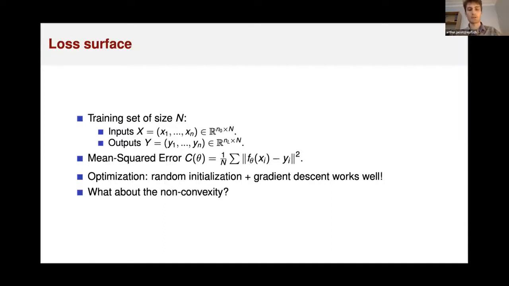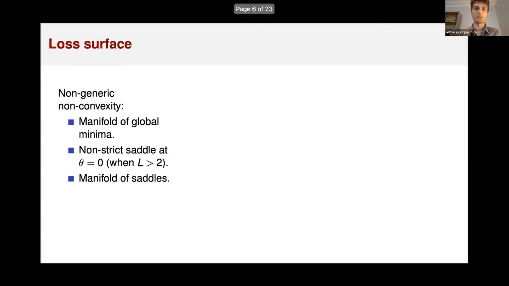I want to emphasize in this talk that the loss surface of a neural network is really non-generic in its non-convexity. There are three properties which are non-generic. The first one, already mentioned in previous talks, is that in this overparameterized regime, when the width is very large, instead of having isolated global minima, you can see some kind of manifold of global minima.